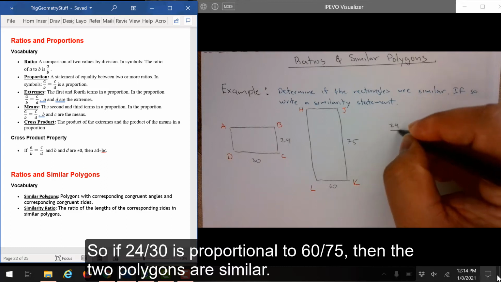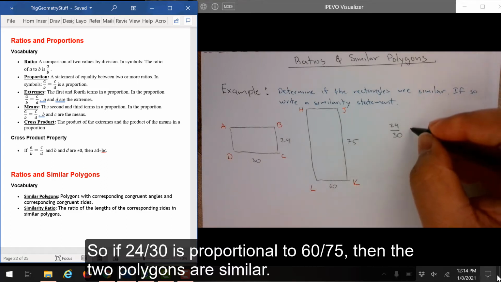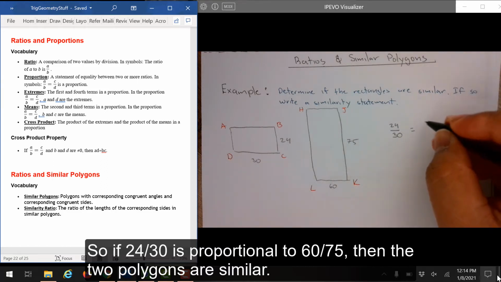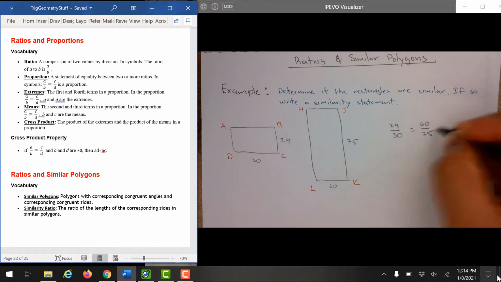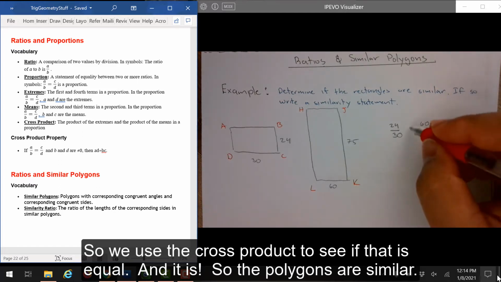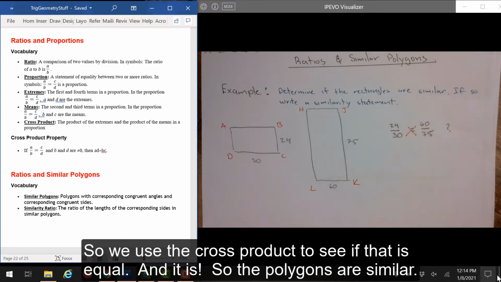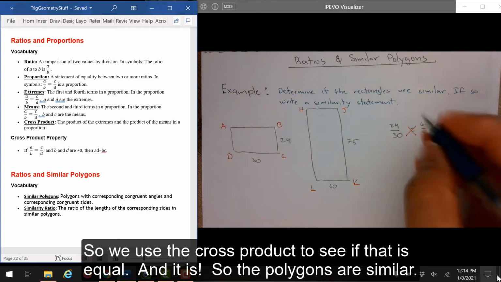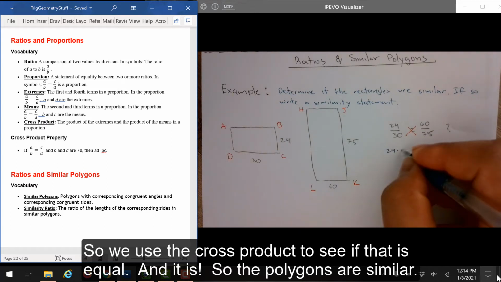So if 24 over 30 is proportional to 60 over 75, then the two polygons are similar. So we use the cross product to see if that is equal, and it is. So the polygons are similar.